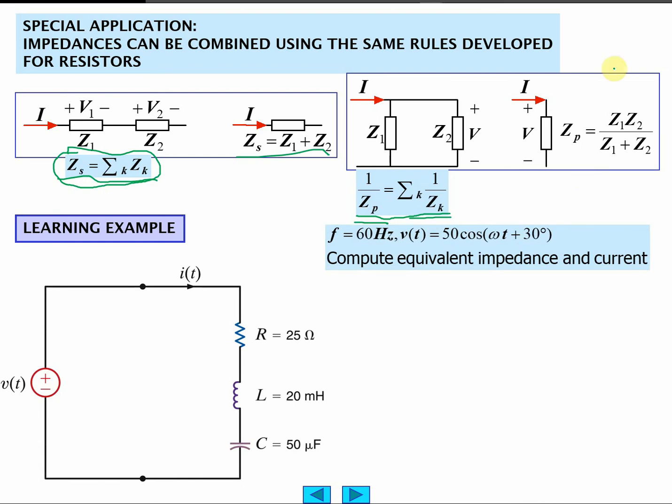So here's an example. We have these three components and 60 hertz. So let's see how this works out. Write down the impedances for the three components.